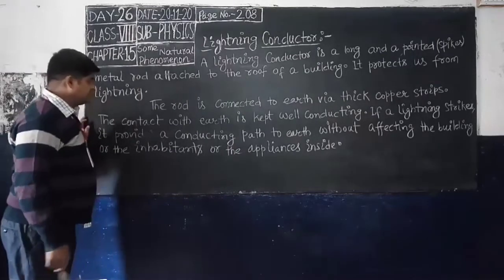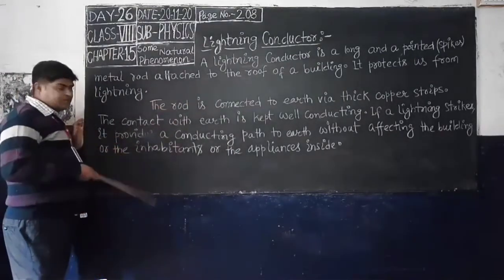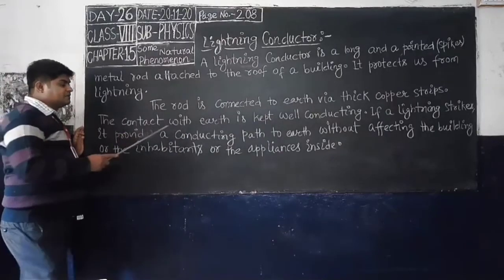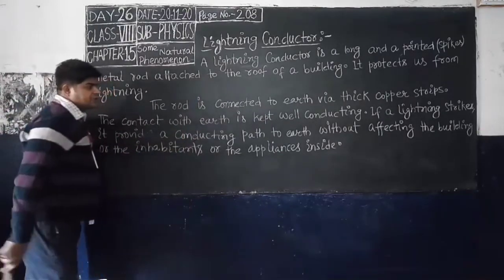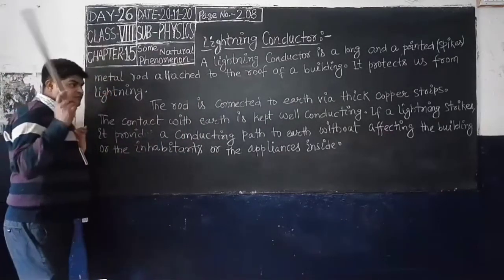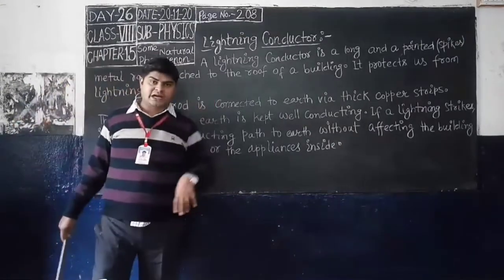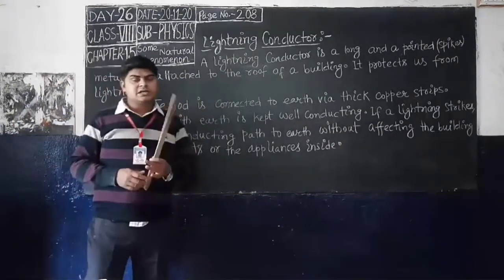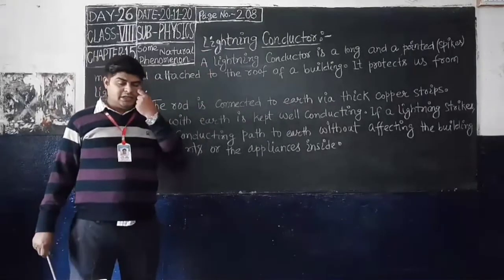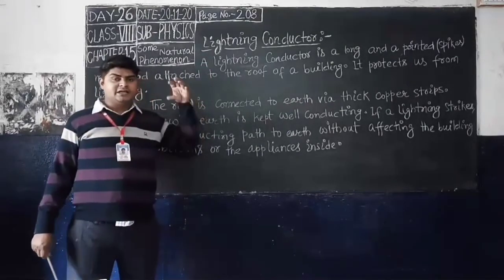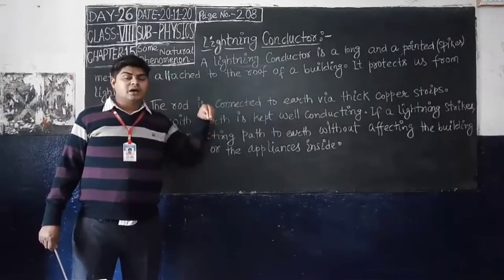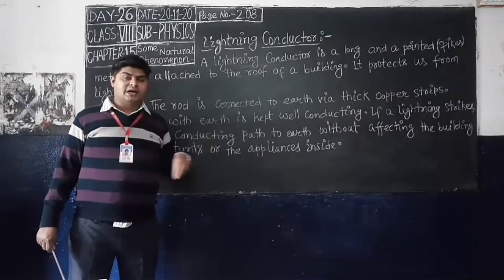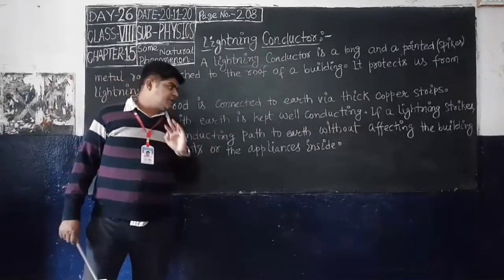The contact with the earth is kept well conducting. When lightning falls on that rod, it attracts it and the charge goes under the ground via the copper wire.